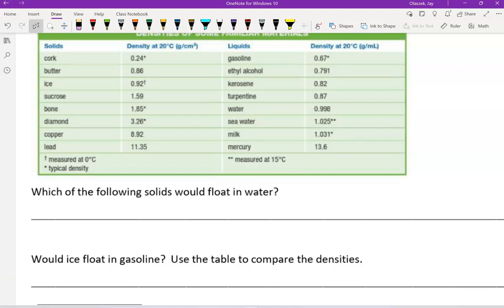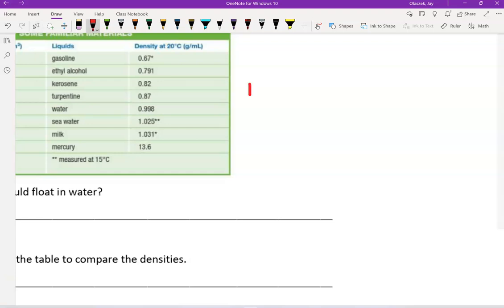One of the things that we were trying to explore in the various labs we did, in particular Lab 1A, was we were exposing different materials to water and seeing if they floated. And let's remember that water has a density of 1 gram per cubic centimeter.